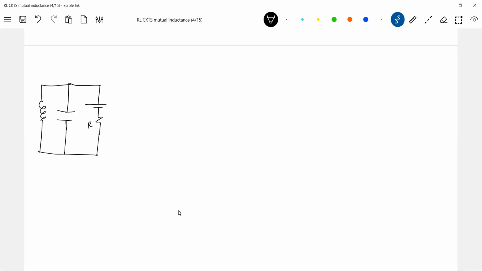I'll draw the diagram. No use of such things practically, just to trouble students in the exam. These are meaningless questions, practically no application. Why do I connect it like this? Just to check the students' ability to analyze things.